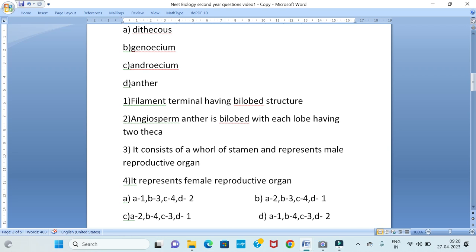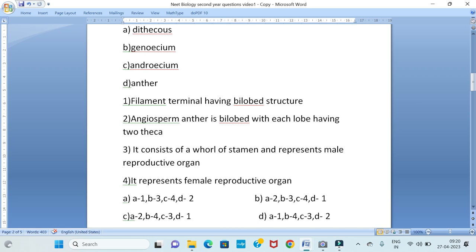Gynoecium. In gynoecium, B4, it represents the female reproductive organ. Here I am taking gen as gin.